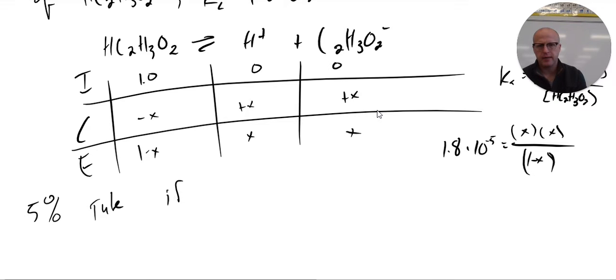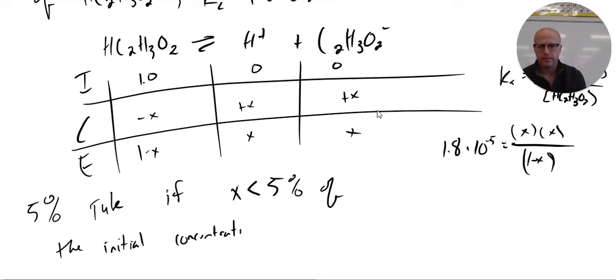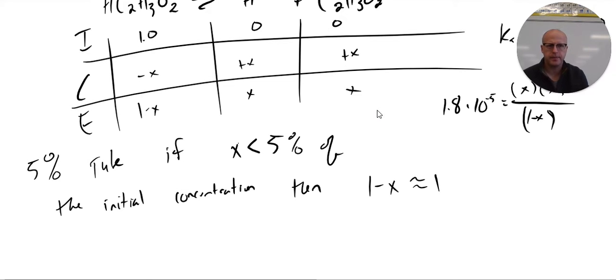And that is if x, or the acid dissociation, the change, is less than 5% of the initial concentration, then the equilibrium concentration, or in this case 1 minus x, is about equal to 1. Okay, or close enough to 1 that it's not going to make a difference in the pH.